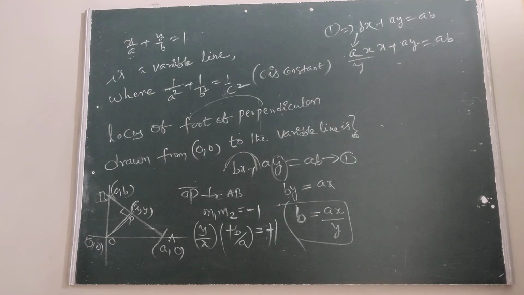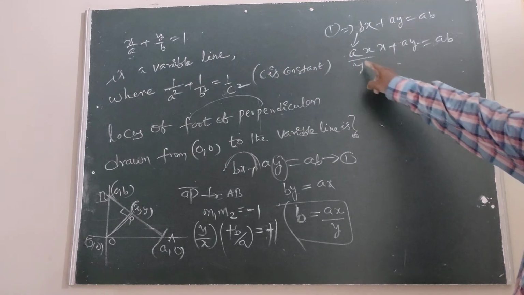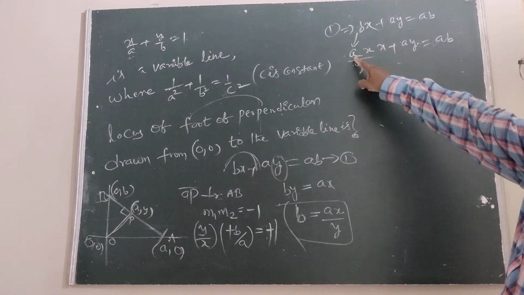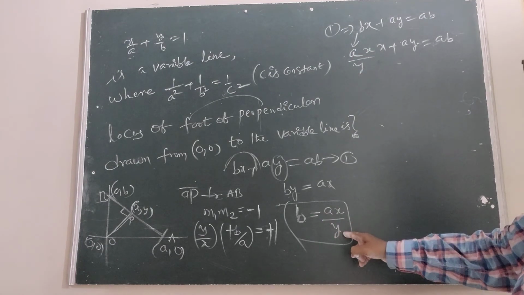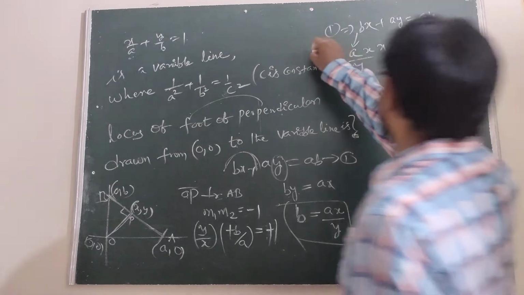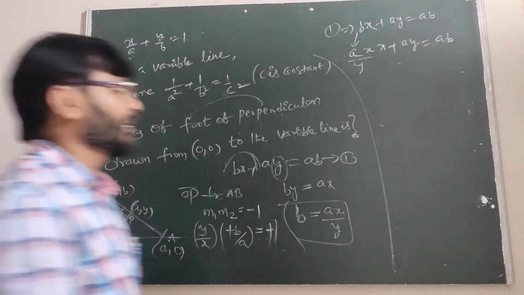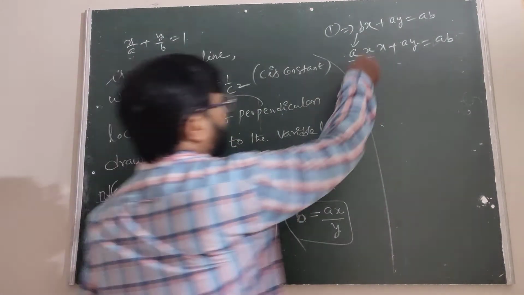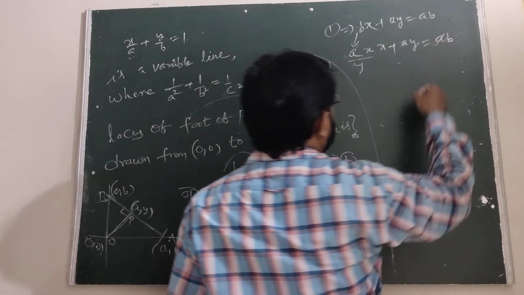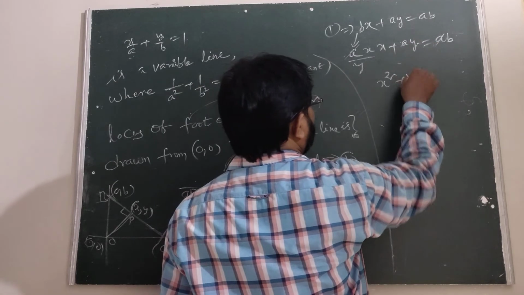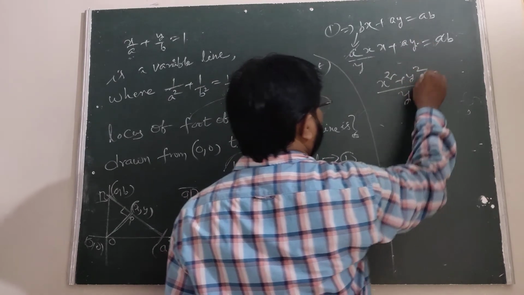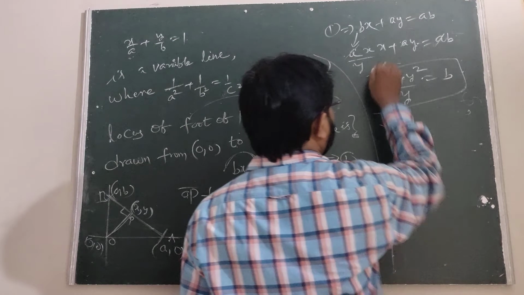Now each term has a, undoubtedly. The b can be substituted here, the b is ax by y. Therefore, now we can write the term a cancel. Now x into x, x square, here y into y, y square by y equal to b.